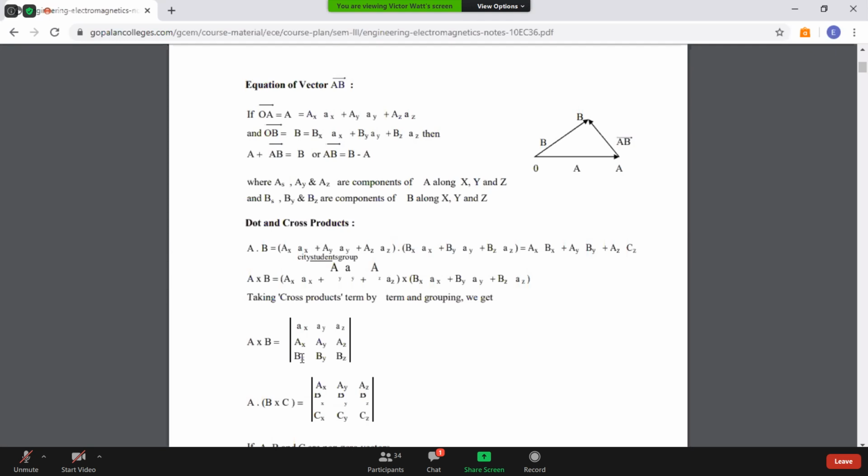This is vector A, and this is vector B. That's simply just taking each term, that is unit vector AX cross unit vector AX. So if we group that, what we end up with is this matrix, right?